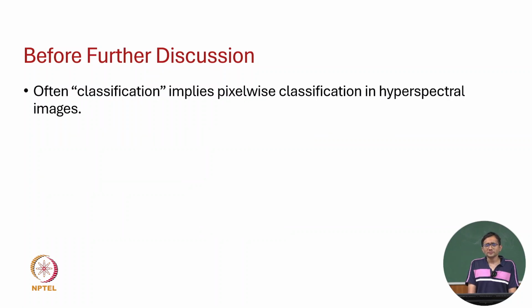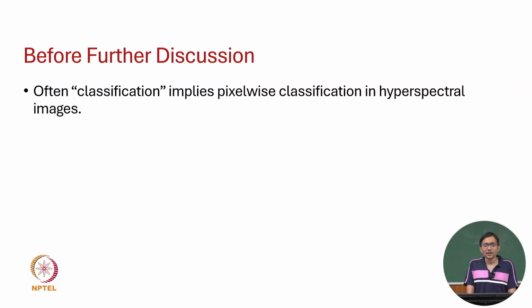We will come to this dimensionality reduction also at some point this week. However, in this lecture we are more interested in the classification, but we have to understand that many times classification means first there is a dimensionality reduction pre-processing step there. Now, before discussing classification, one aspect needs clarification.